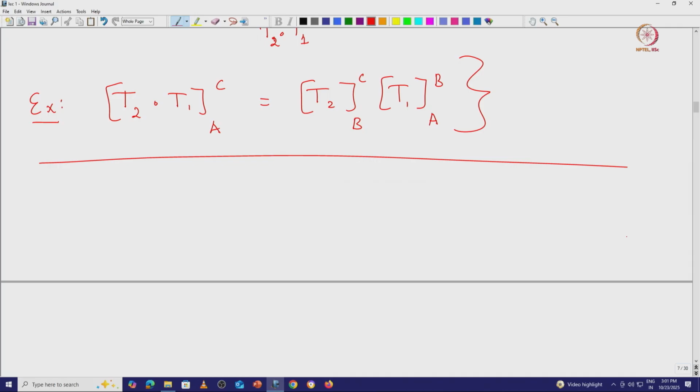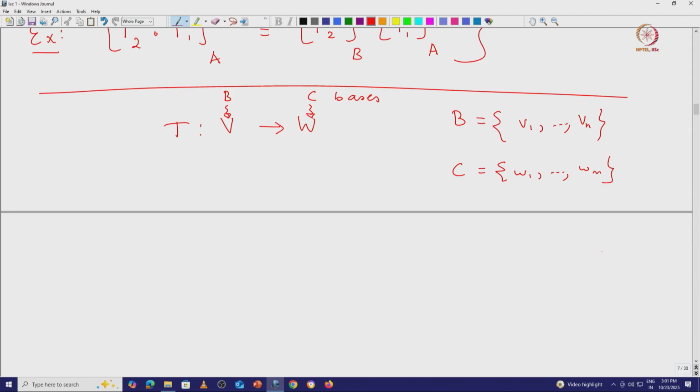Let T be a map from V to W, and let us fix B to be a basis of V and C to be a basis of W. These are the bases. Let us write B explicitly as v1 etcetera vn, and C as w1 etcetera wm.